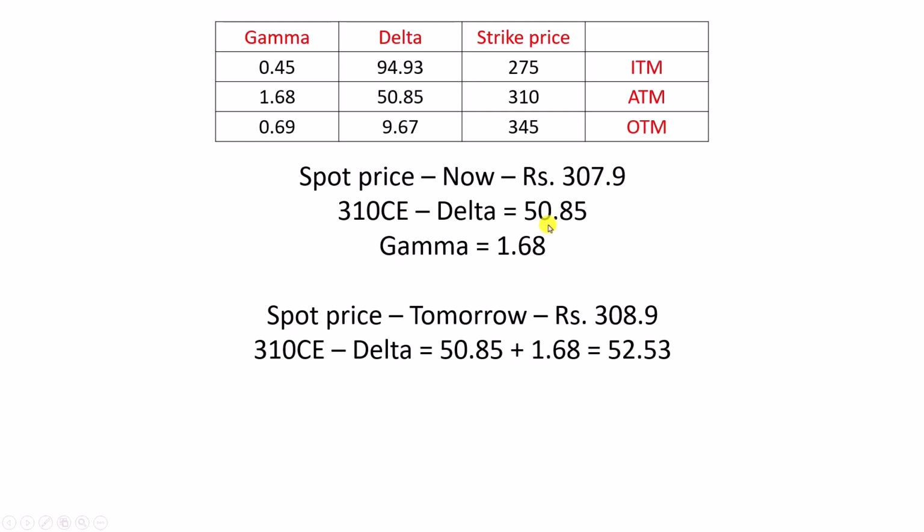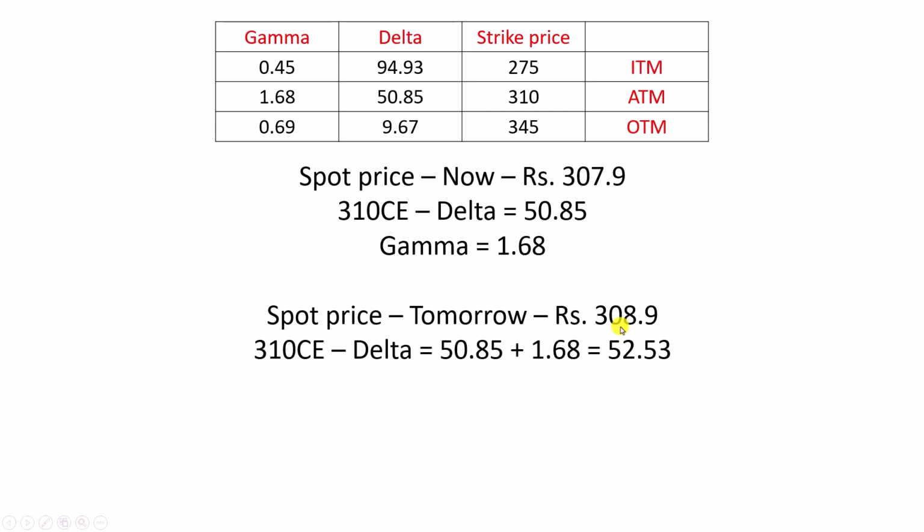Now, 50.85 was the delta value of this strike price yesterday when I bought the option. Now today the price of the stock has increased to 308.9. There is an increase of 1 rupee. When there is an increase of 1 rupee, everything related to the option changes.